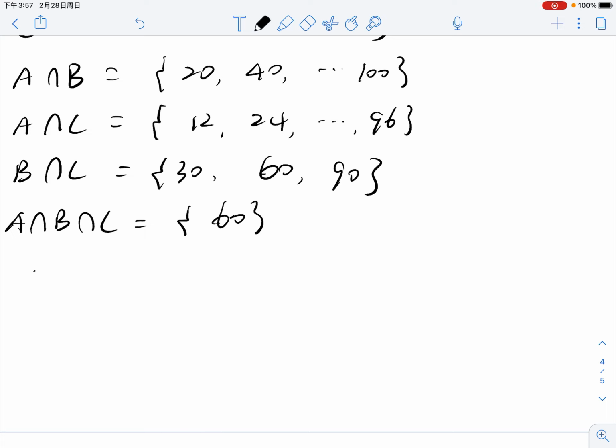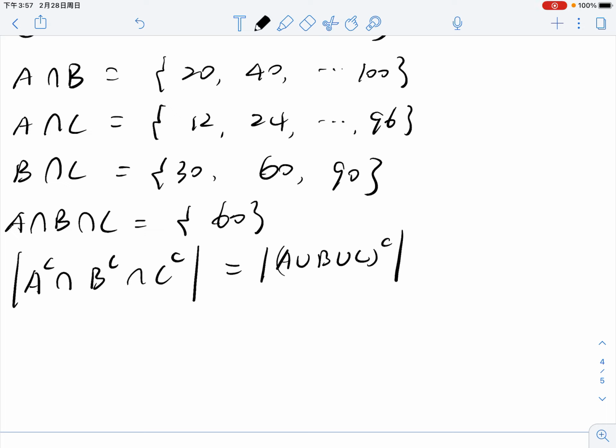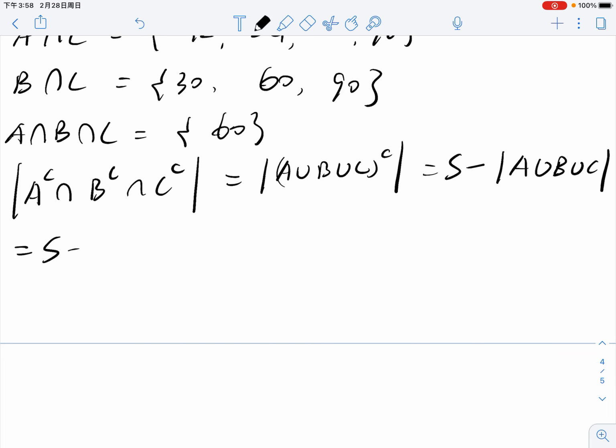Okay, and the question is asking for the complement of A intersection complement of B intersection complement of C. So that will actually be, using De Morgan's law, the complement of A union B union C, and that will be the cardinality of S minus A union B union C. And you apply the formula from example 2.